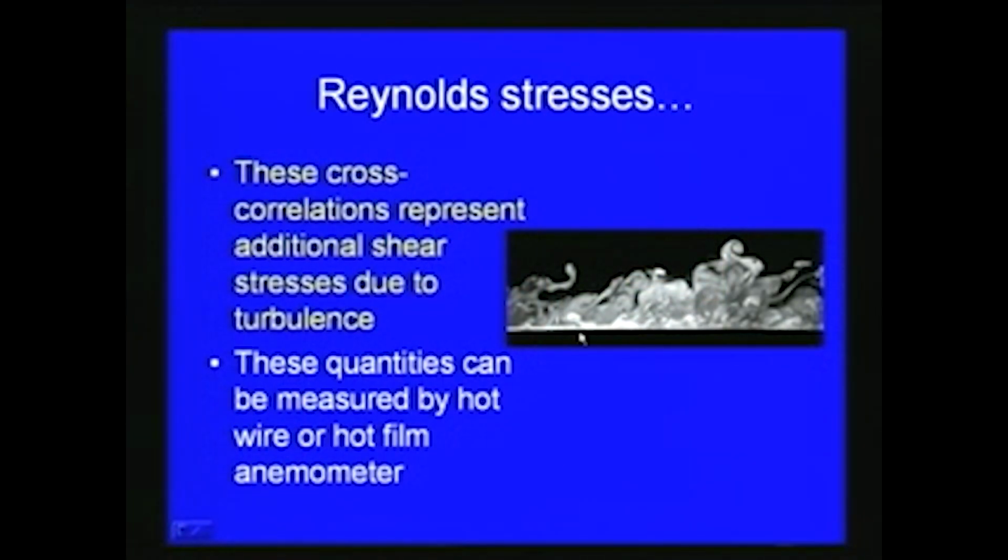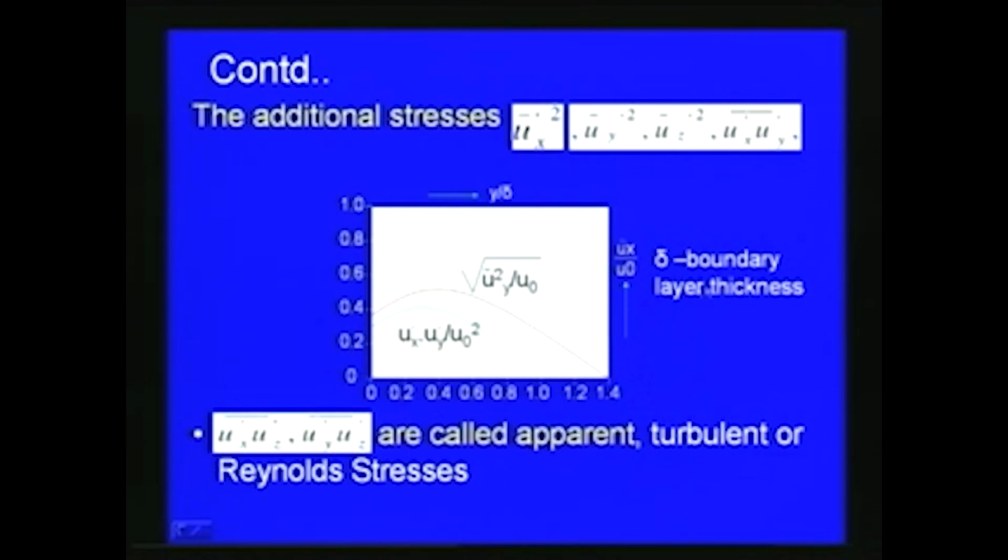These cross correlations represent additional shear stresses due to turbulence. This slide shows that additional shear stresses will be generated due to turbulence, and the cross correlation represents these additional shear stresses. These quantities can be measured by a hot wire or hot film anemometer.